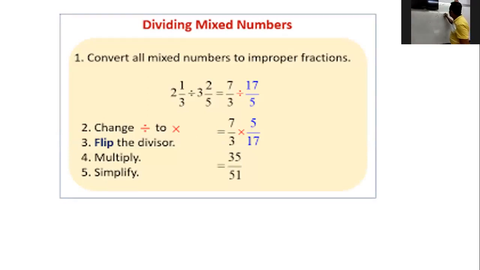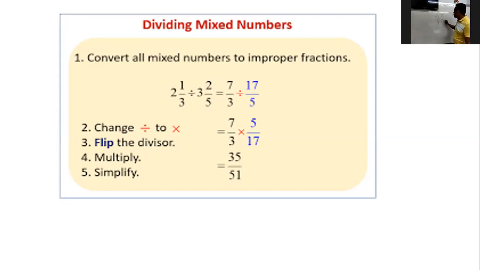The first rule is convert all mixed numbers into improper. So 3 times 2 equals 6 plus 1 equals 7 over 3. Use the same denominator. Then we have here 5 times 3 is 15 plus 2 equals 17 over 5.